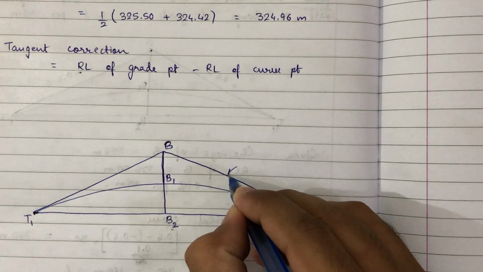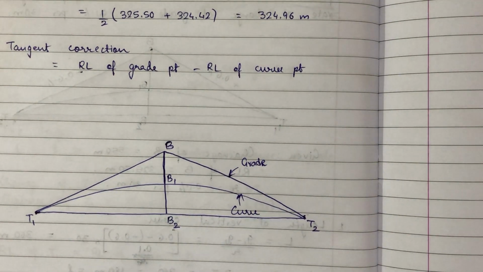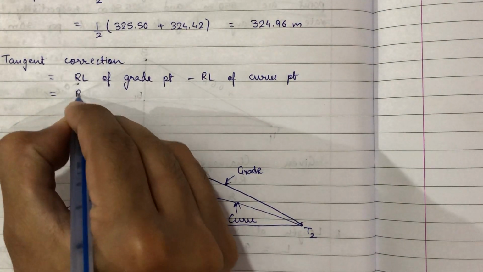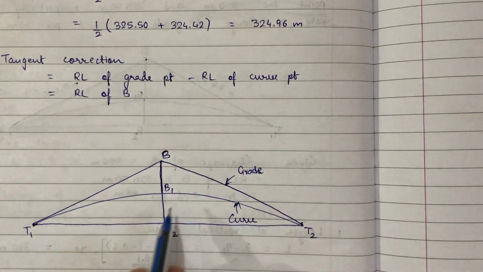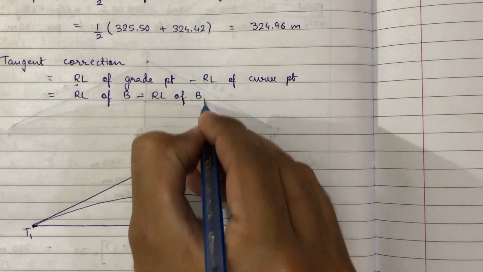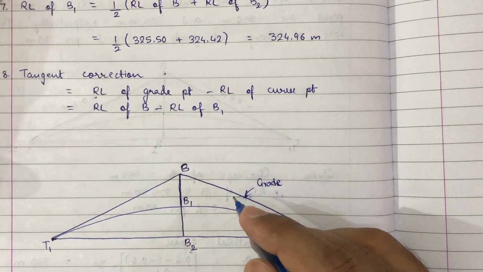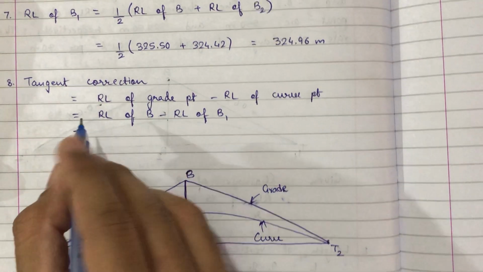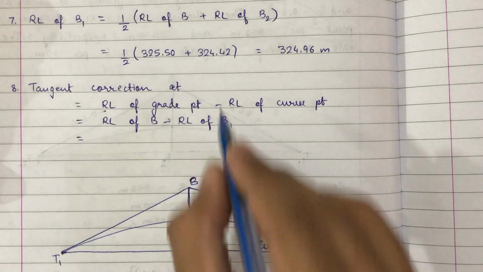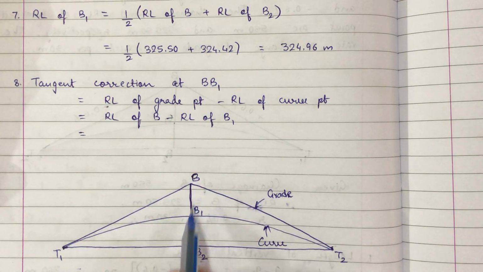This is the gradient, or you can also call it grade, and this is the curve. So RL of grade point, that is RL of this point B, minus RL of curve point, that is B1, will give us the tangent correction, that is this length BB1. So this is actually the tangent correction at this point BB1.